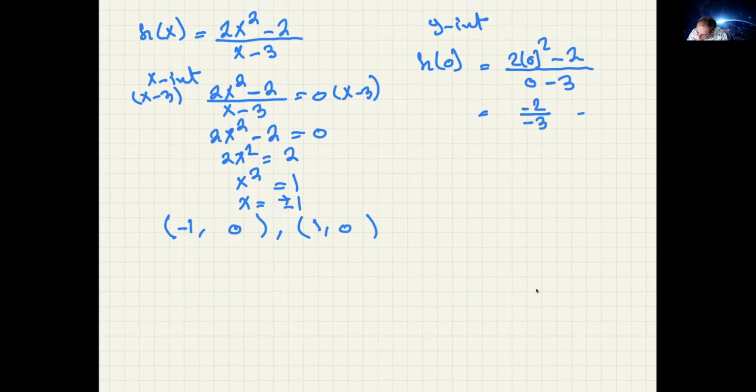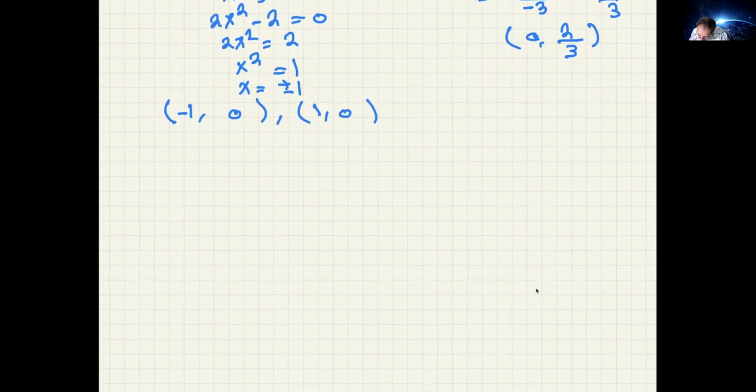So I got 2/3. So the y-intercept is 0 and 2/3. Now we're going to go with the vertical asymptote. I set the denominator to 0, so x minus 3 equals 0, and I got x equals 3.